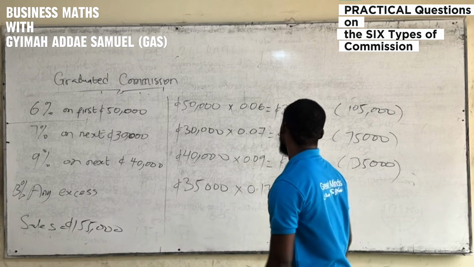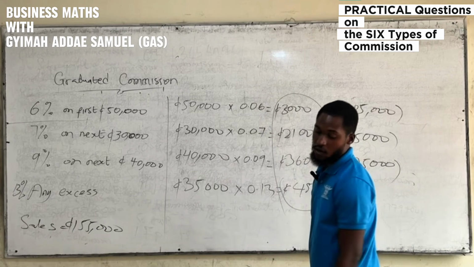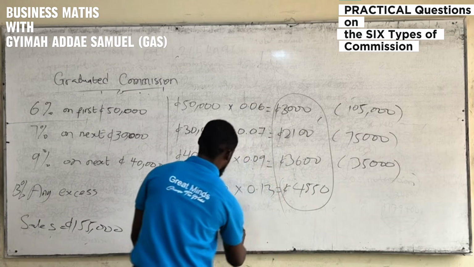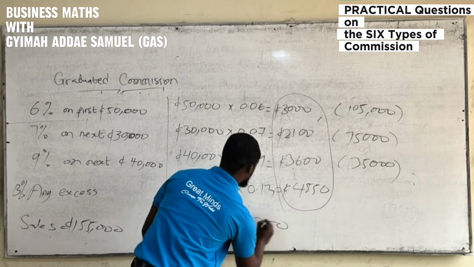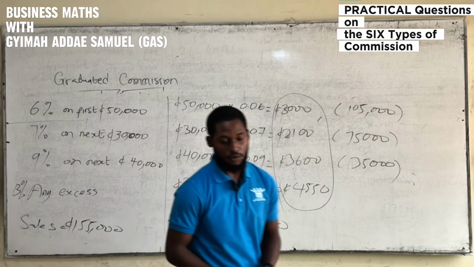So after getting these figures here, you add all, and you are getting 13,250 Ghana cedis as your total commission.